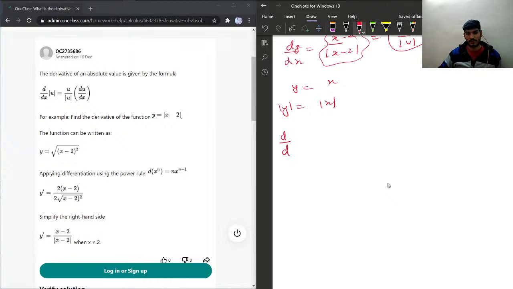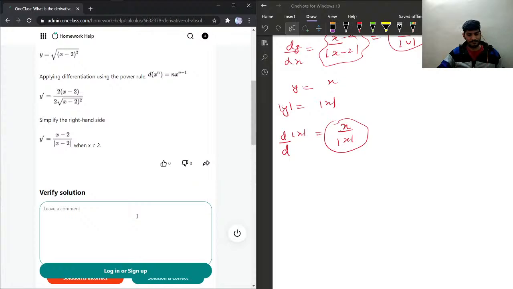With the rule, we can say this will be x over magnitude of x, and dy by dx will be 1, so this will be the answer. So in this way we find the derivative of the absolute value of any function. So correct solution.